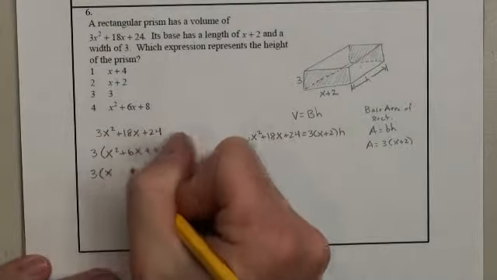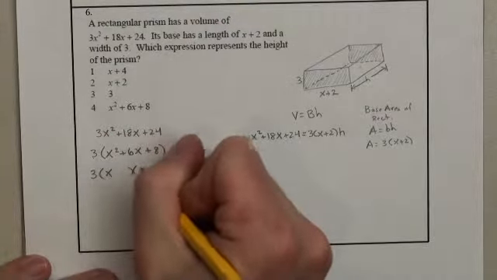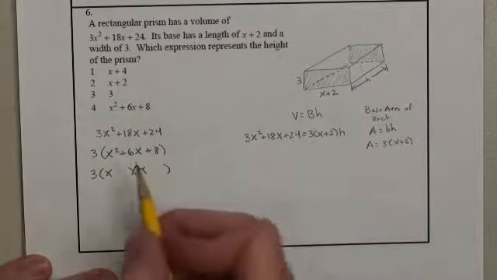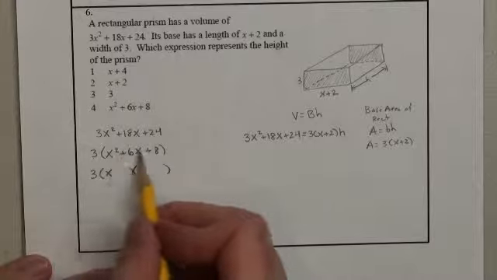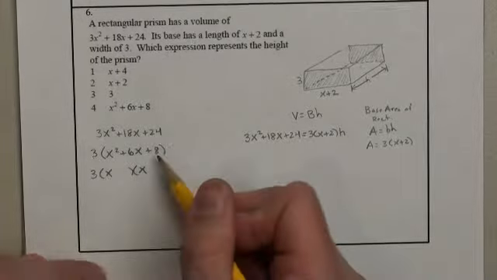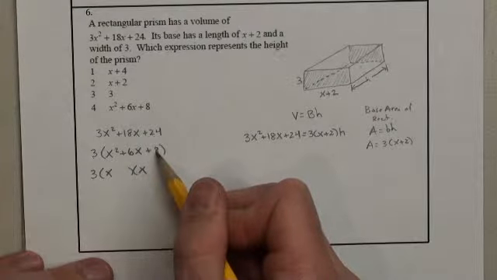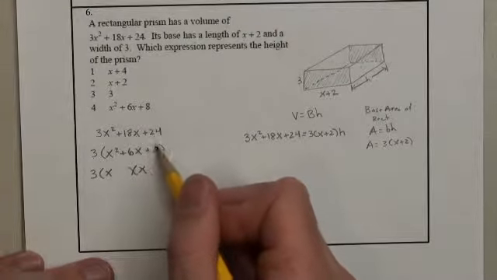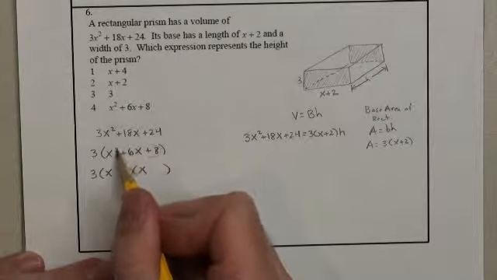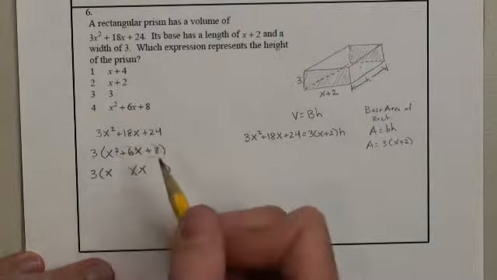3 times x something, x something. Right? You remember this? We're factoring this trinomial. It's trinomial factorization. So we have to think of all of the factors of positive 8, and we have to think of which ones add up to positive 6.